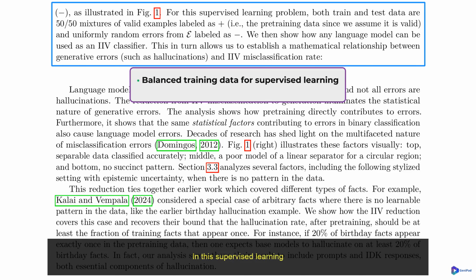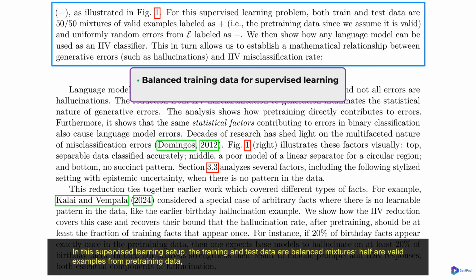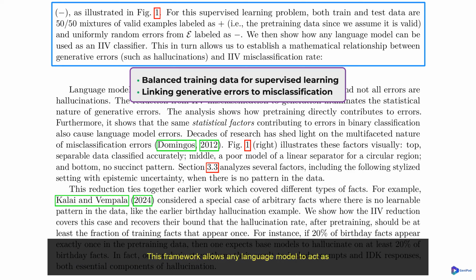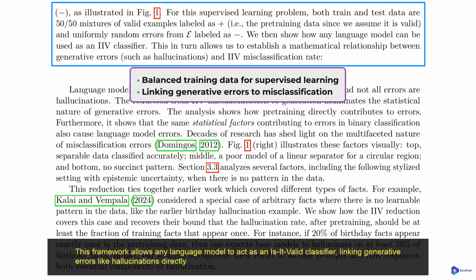In this supervised learning setup, the training and test data are balanced mixtures. Half are valid examples from pre-training data, and half are random errors. This framework allows any language model to act as an "is it valid" classifier, linking generative errors like hallucinations directly to misclassification rates.